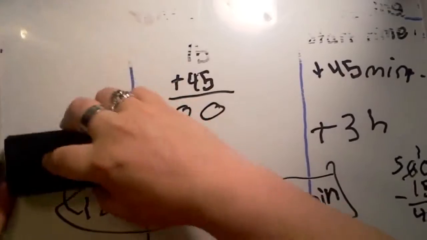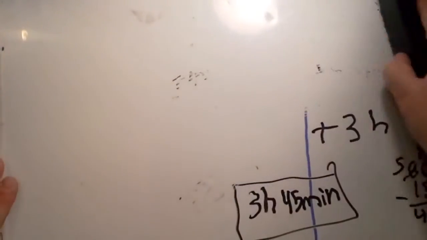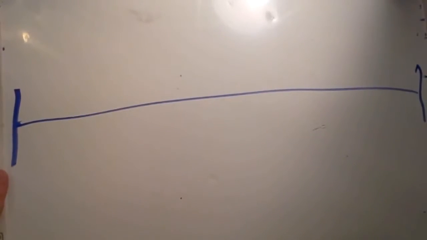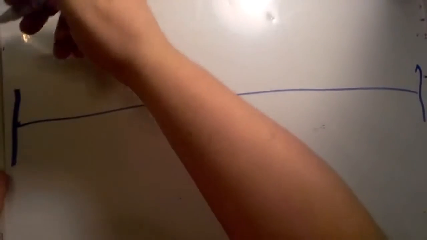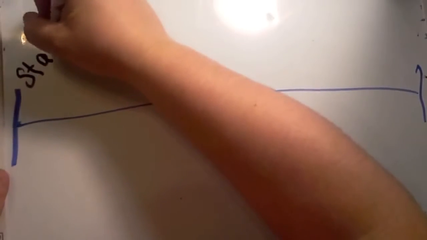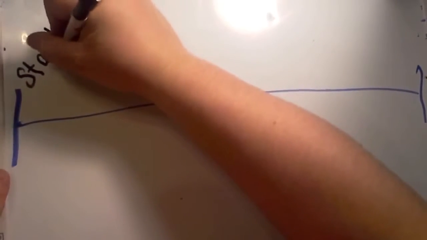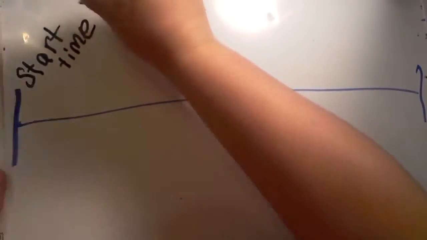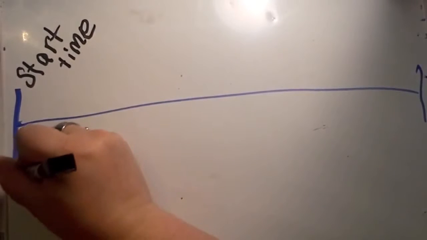Another way we're going to solve this question is using a linear timeline. The way I do that is I'm going to draw a line to start with, and I'm going to label this my start time, and that was 8:15.